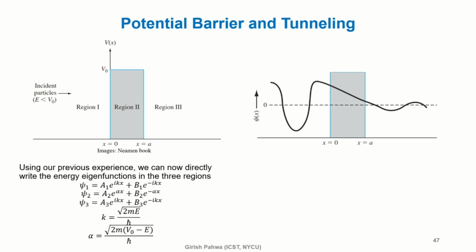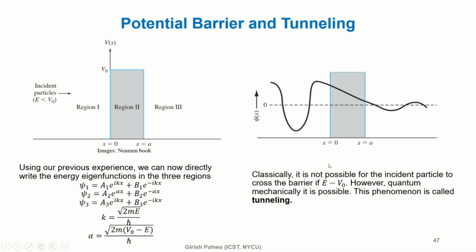If you make a very small, then the particle can easily tunnel. So both the barrier height as well as the width decide the tunneling. Classically not possible, but quantum mechanically it is possible, and this is called tunneling.